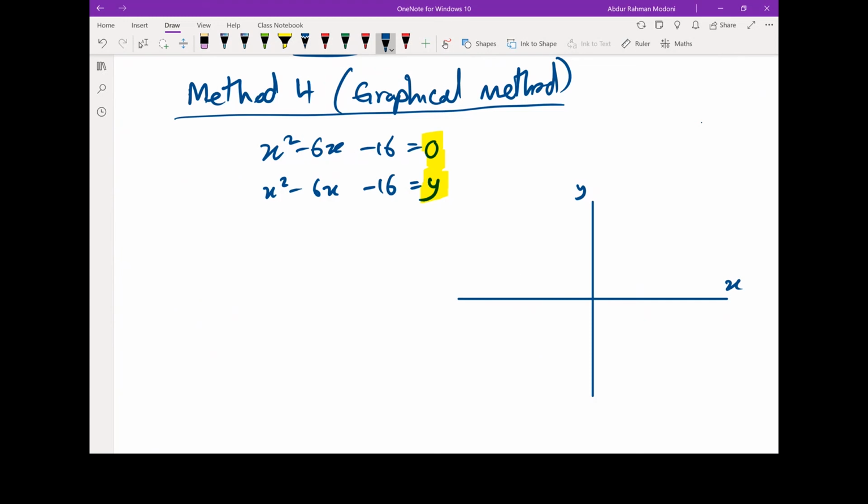So how do we sketch that? Well, we get x squared minus 6x minus 16 is equal to 0. And if we were to factorize that, that would have got us x minus 8, x plus 2 equals to 0. So from here we know that it crosses the x-axis at x is equal to 8 or x is equal to minus 2.